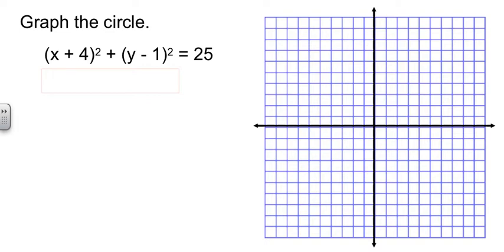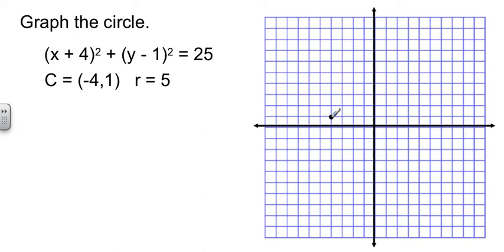Okay. One last thing we have to be able to do is graph a circle. And graphing a circle is easy. First thing we need to know is the center and the radius, but we know how to do that. The center is (-4, 1), and the radius is 5. (-4, 1), there's my center. And then the radius is 5.